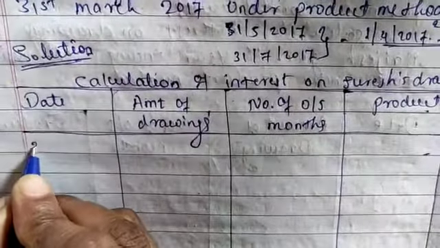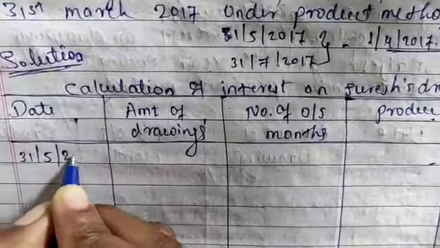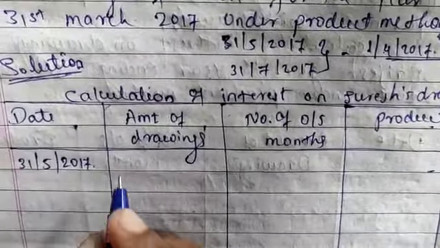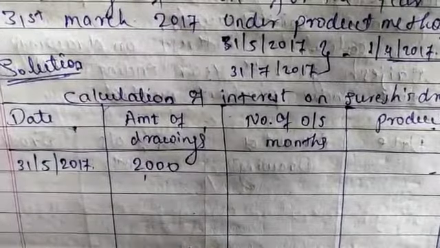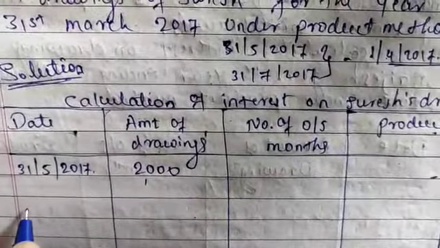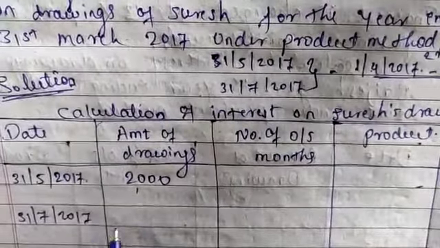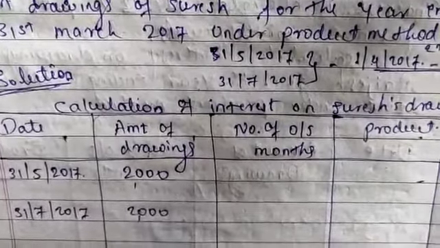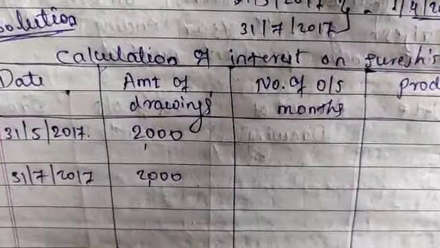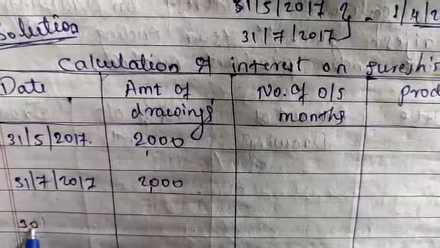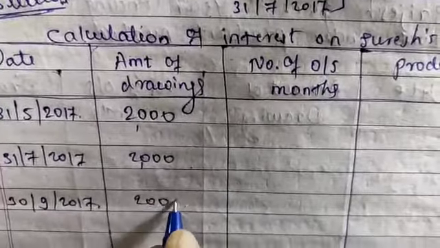The first drawing is made on 31st May 2017, that is 2000. Each drawing he has made is rupees 2000. And next one on 31st July 2017, again they make drawings of rupees 2000. Next is on 30th September 2017, rupees 2000.